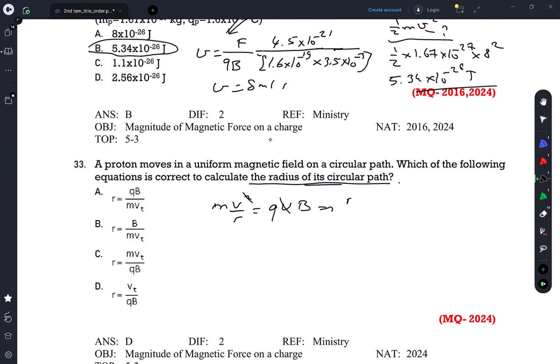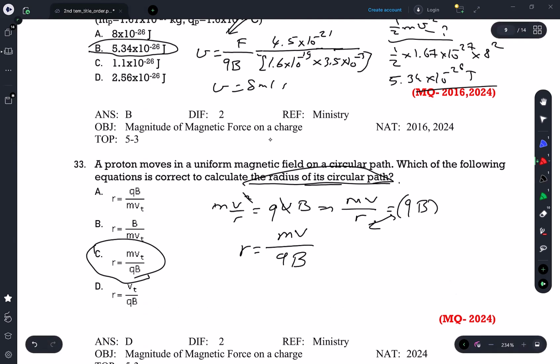It's going to be mv over r is equal to qB. Let's rearrange for r, because I will write the equation for radius. R is going to be mv over qB. C is the correct answer.